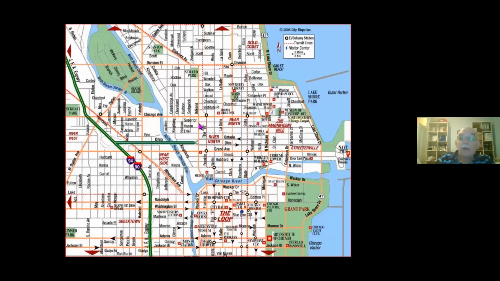So here's a map of an American city. I hope you can see my pointer moving around on the screen. If I want to go, say, from a point here to a point here, then unless I'm a bird, I cannot fly directly like this. I have to go along one of these streets and then up another one.